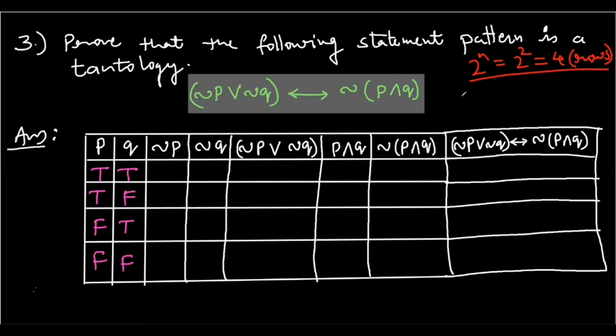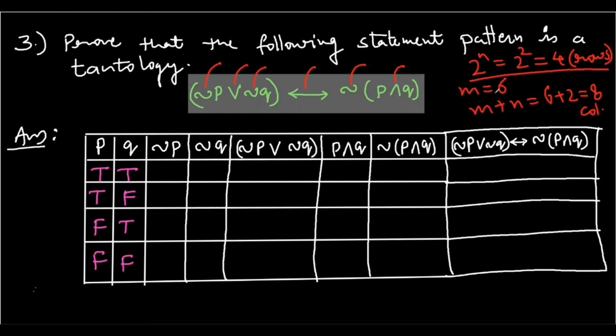What I mean, I have two component statements, and how many connectives do I have? 1, 2, 3, 4, 5, and 6. I have 6 connectives, so m equals 6. So m plus n is equal to 6 plus 2, that is equal to 8 columns.